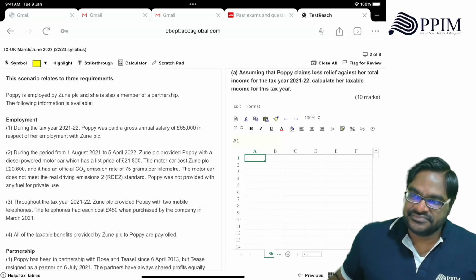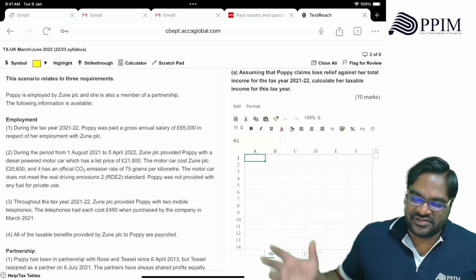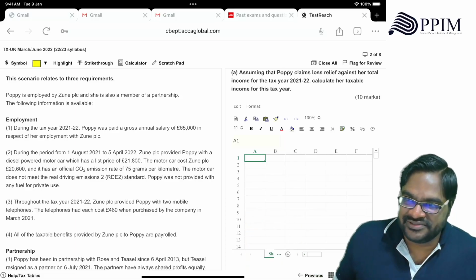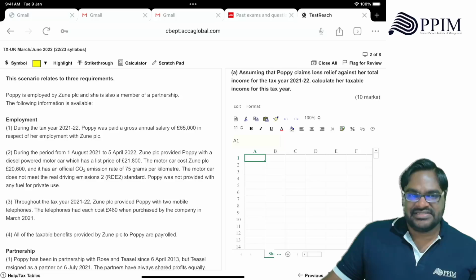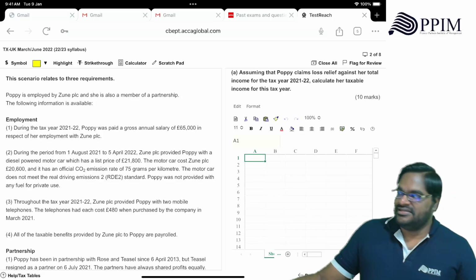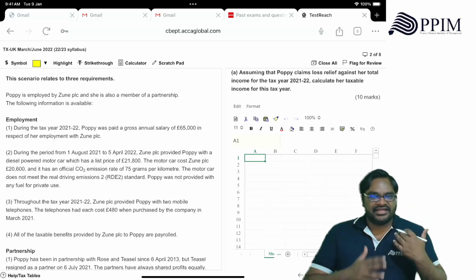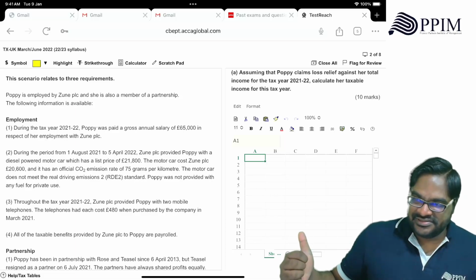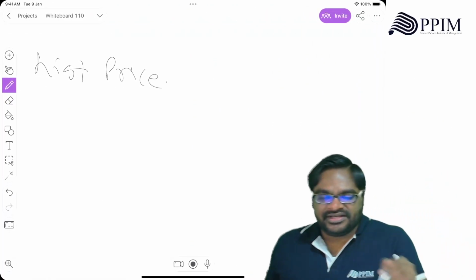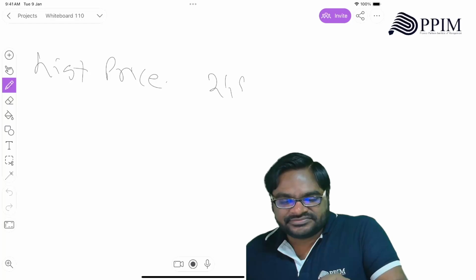Agree? Other assets you can go for the general rule. Wherever you don't have a specific rule, always a general rule comes into the picture. But if there is a specific rule, that overrules the general rule. We're good? So I'm starting with 21,800 there.